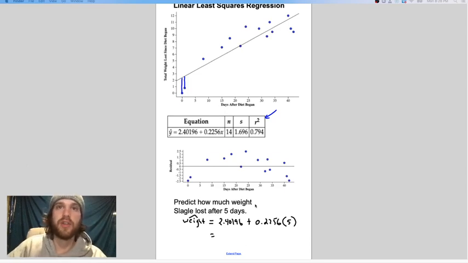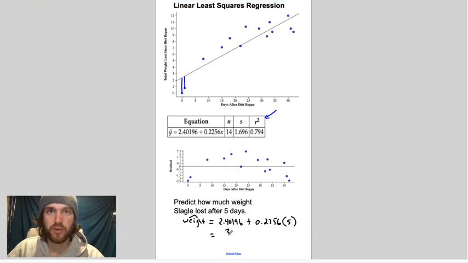So if you plug all this in and simplify, you multiply these two first, and you'll get roughly 3.53 pounds. So it's estimated with our least squares regression line that I would have lost like 3.5 pounds in 5 days, which is decent, I think, for what we got going on.